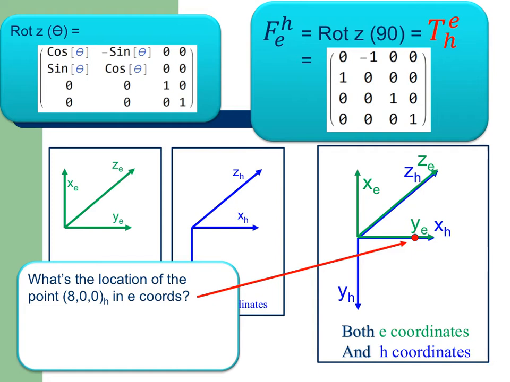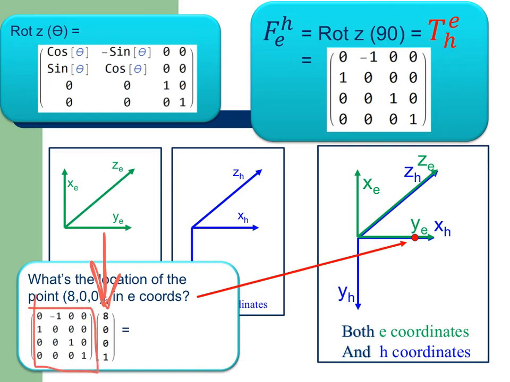Let's do another sanity check where we just eyeball this and say, here's another point. I've said that this point is 8, 0, 0 in H coordinates, and I want to know what is its location in E coordinates. So I'm going to do the same thing. I'm going to start by writing down my matrix transform from H to E. And then I'm going to take the point in H coordinates that I want to transform into E coordinates and pre-multiply it by this matrix.